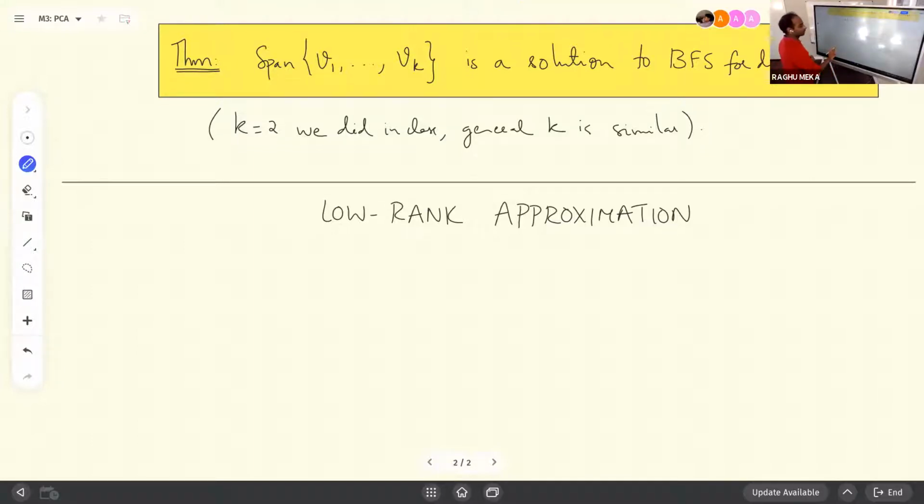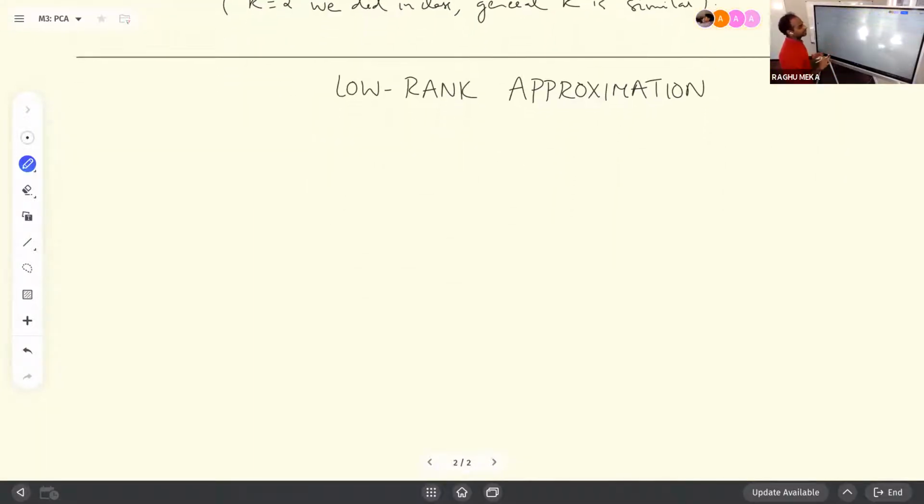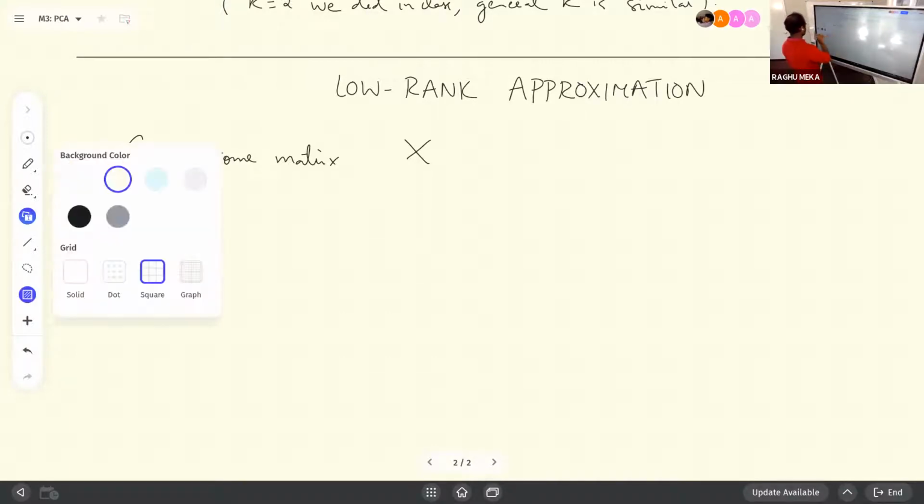Okay, so what's the low rank approximation problem? The question is the following. You're given some matrix X. Okay, it's some big n by d matrix. Now think of it as a huge matrix.